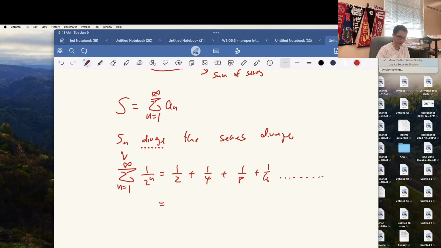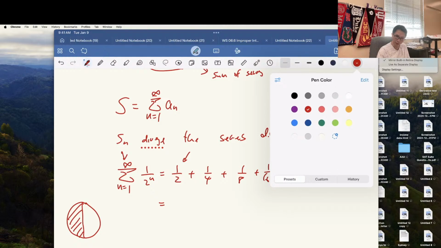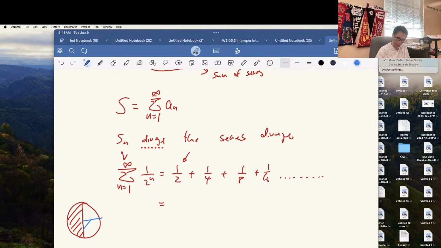We know that ends up being what? It's 2, right? Or, sorry, 1. Think about it. If you have a pizza and you eat half the pizza the first day, that's 1/2. Then you eat another 1/4 of the pizza the second day.